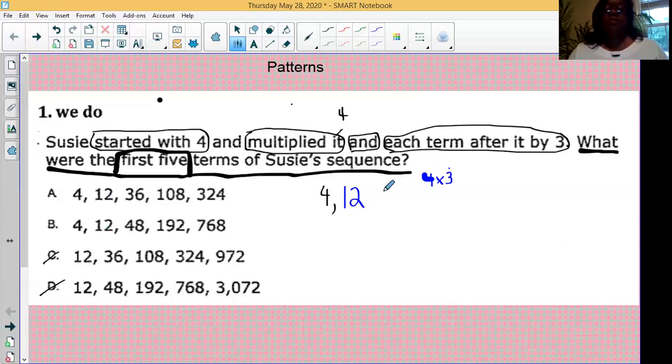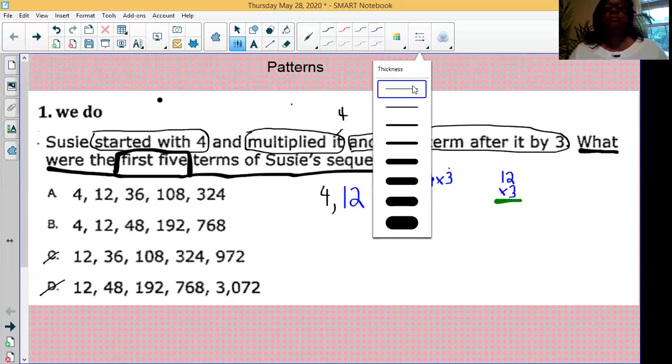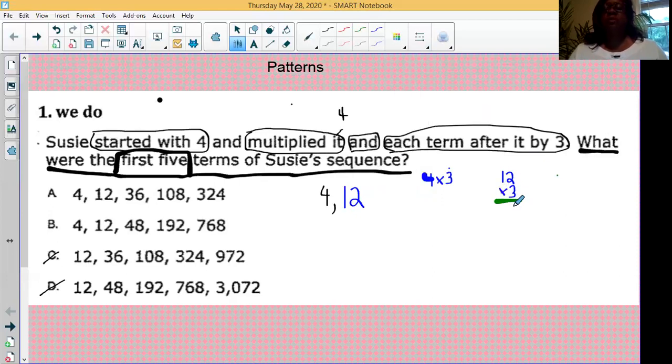Then we're going to take 12 and multiply it by 3. So 12 times the 3. And I'm going to pause right there and let you do it. Okay, 3 times 2 we know is 6. 3 times 1 we know is 3.